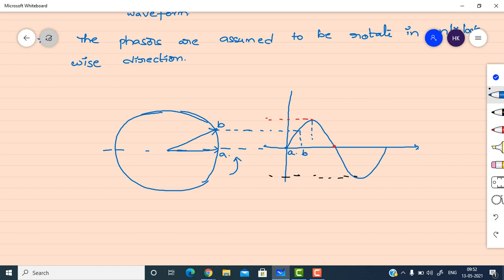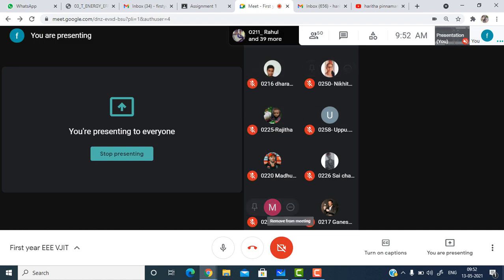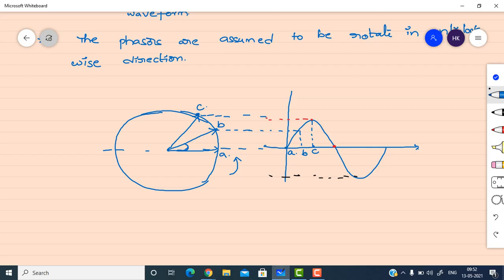Next, at this position, let us assume this is position C. So this is at position C. This is the phasor. And what is this? This is the angle. Suppose here the angle is 45 degrees. Then this angle is 45. Here it is phi.